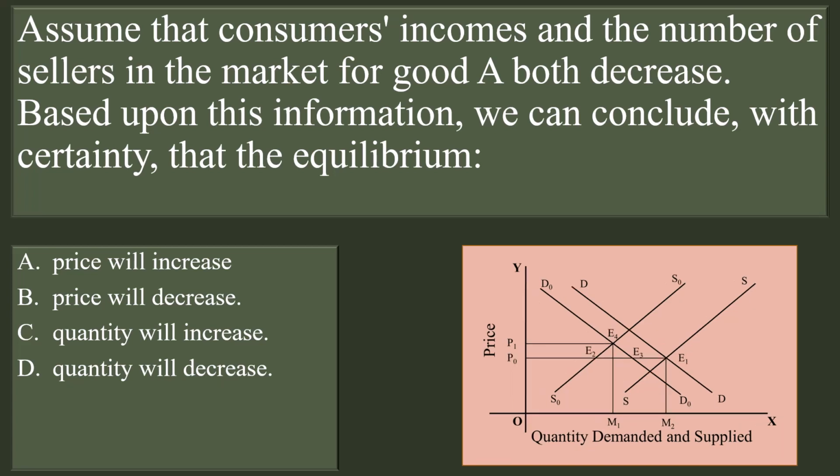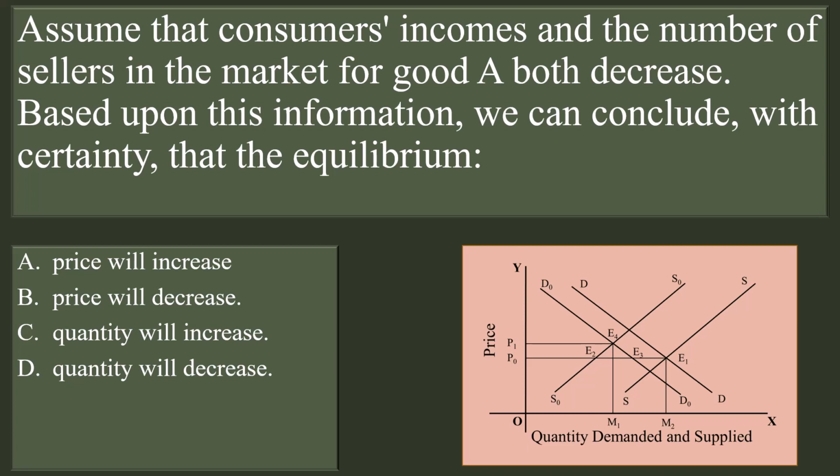This is the third case. D0 is the new demand curve. The decrease in demand is less than the decrease in supply. S0 is the new supply curve. To begin with, E1 is the equilibrium point, the prevailing price P0, the prevailing quantity M2. The new equilibrium is at E4.